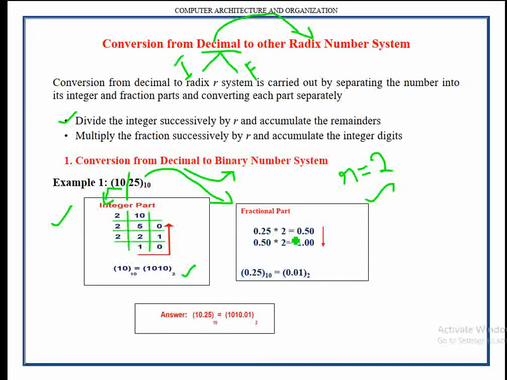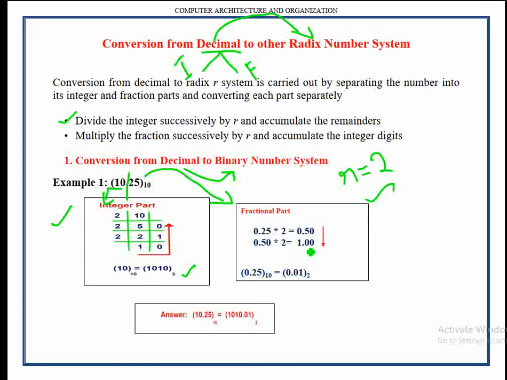After the multiplication, we got 0.50. Then we take the fractional value we got in this step and proceed with the same process. Here we can observe that in this step we got all zeros in the fractional part of the number. So with this step we can stop this process.